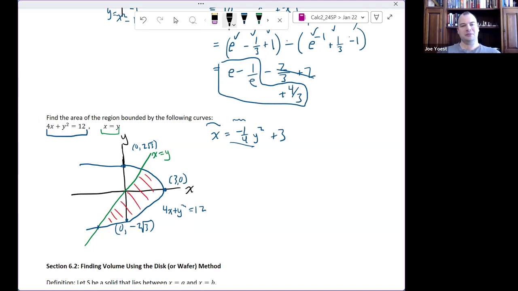Well, if I tilt my head 90 degrees, so to speak, to the right, if I think of x as the independent variable and y as the dependent variable, that's how I have it set up now.